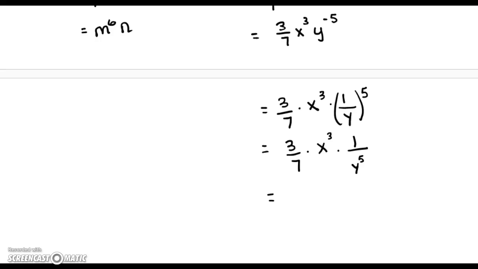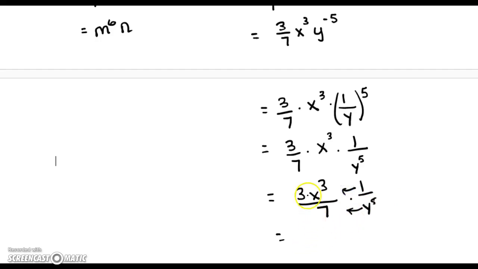While this is an acceptable answer, we will take this one step further, where we can write this back as one fraction. When we're multiplying with just a whole number, we multiply the numerator and that whole number. So this would be 3x cubed over 7 times 1 over y to the power of 5. Taking this one step further, we can combine our fractions.